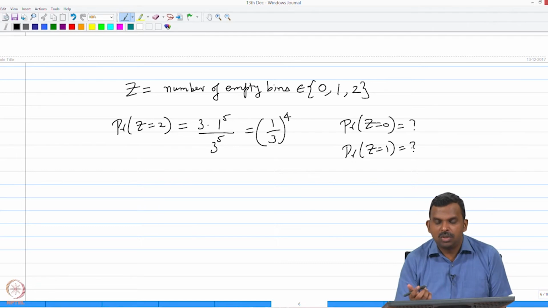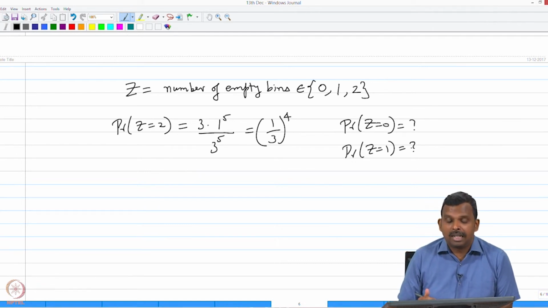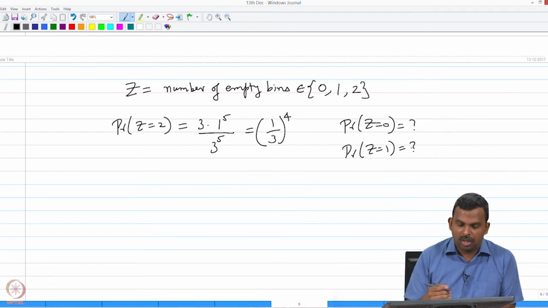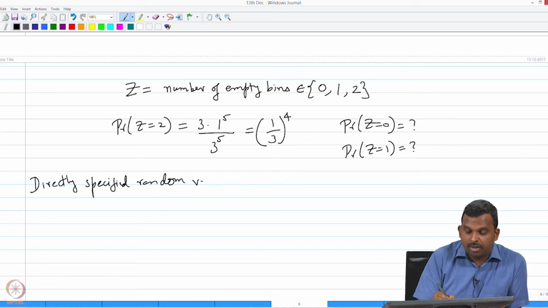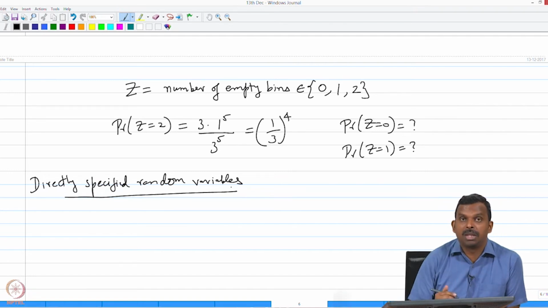Okay. So, hopefully you saw quite a few interesting examples of random variables, but interestingly quite often in many problems the question would directly define a random variable. Okay. So, this is what Professor Arvind calls in his lectures directly specified random variables. Okay. So, instead of defining an experiment and defining a random variable and asking you to compute the PMF, quite often a random variable X will be given to take some values. Okay.